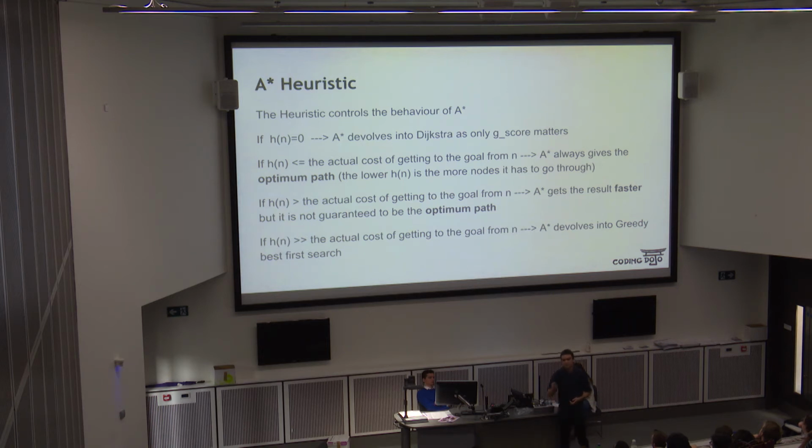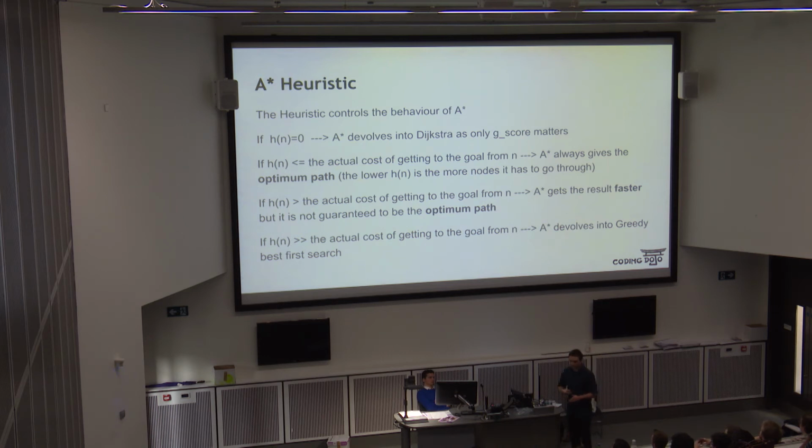Okay? The problem arises when you overestimate your heuristic. Then it is guaranteed that it will find a path, but it's not guaranteed to be the best. Could anybody figure out why? Okay, so think about it this way.